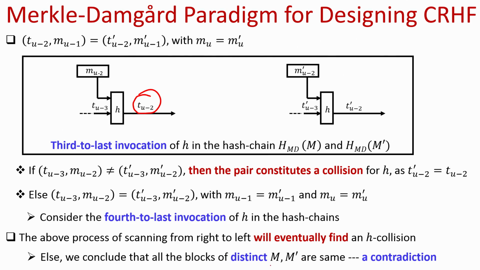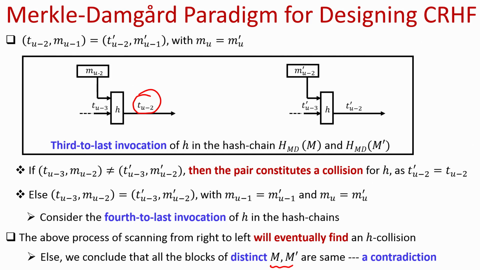Since M and M dash are different, because that constitutes a collision for the overall hash function big H sub M d, definitely there will be a collision spotted with respect to the little h function. So that proves that if our little h function is a fixed length compression function and collision resistant, then by applying the Merkle-Damgard paradigm, the overall function we obtain is also collision resistant.